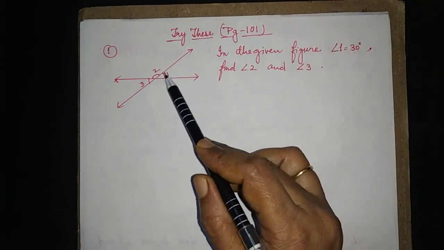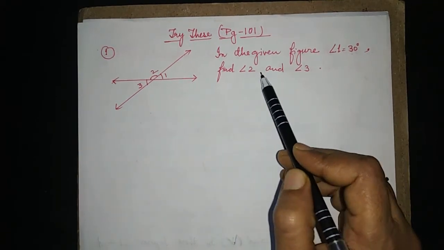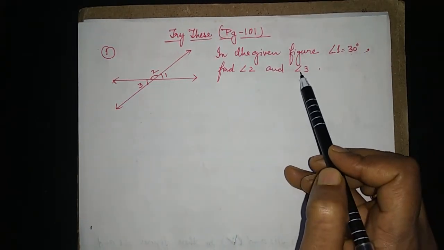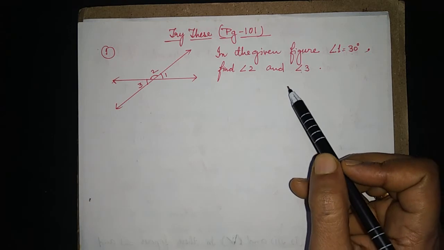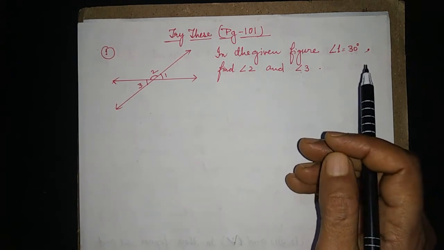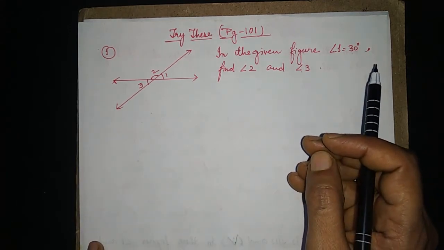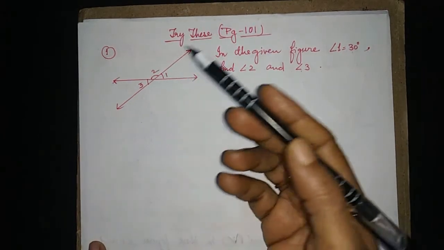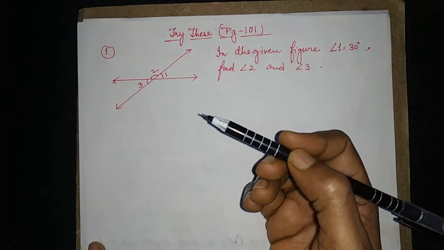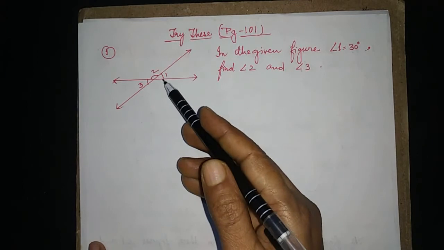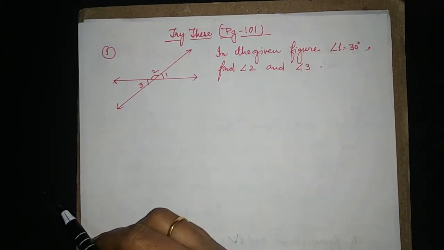This angle is 30 degrees. Find angle 2 and angle 3. So first we will find angle 2, angle 3 also you can find first, no problem. But I am going to find angle 2 first.